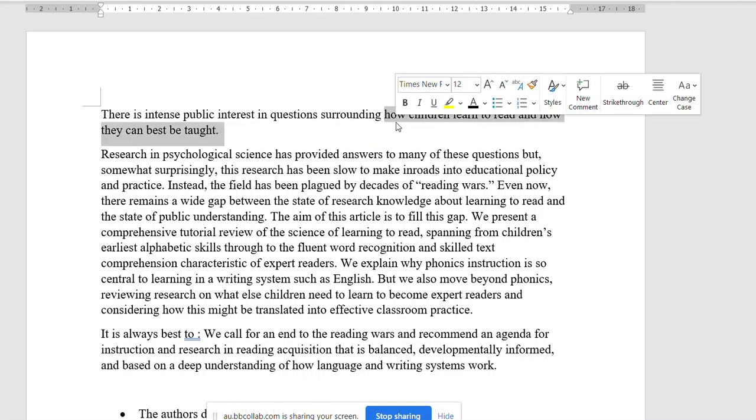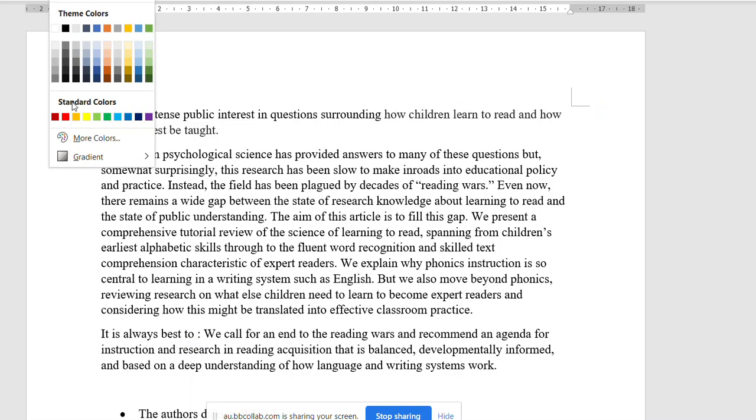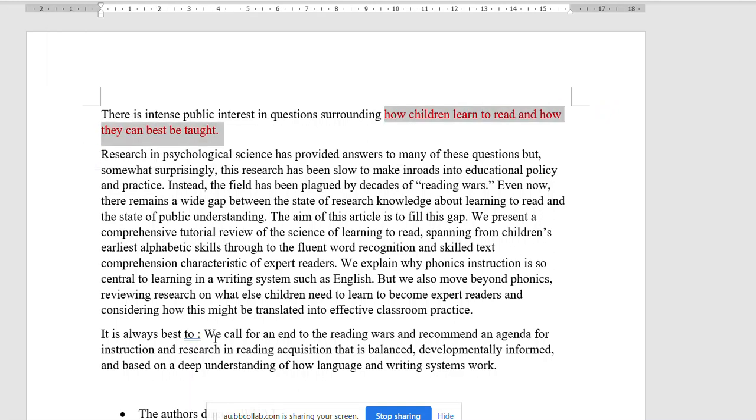So this was how they started the paper. But the way they concluded was, we want an end to reading wars.